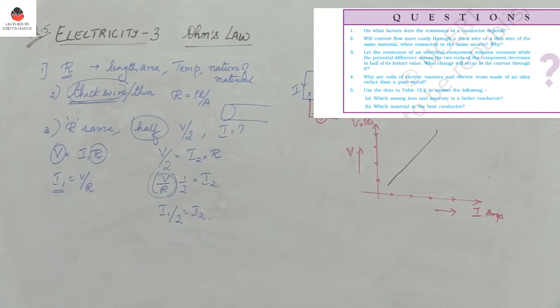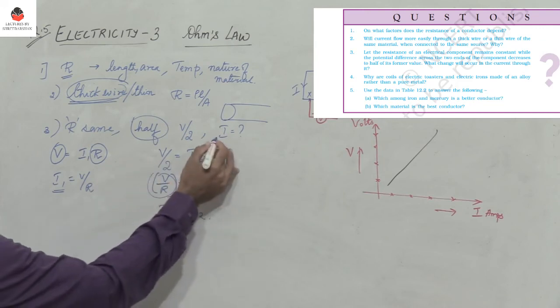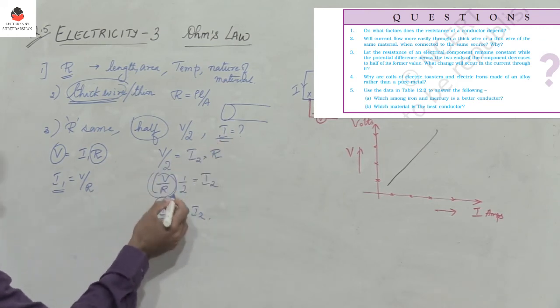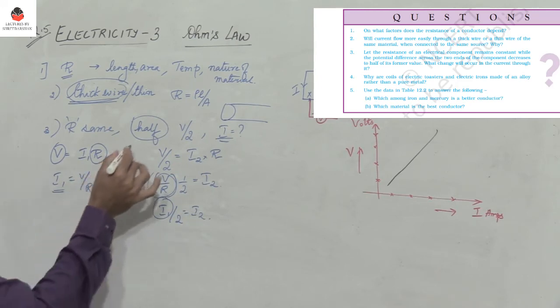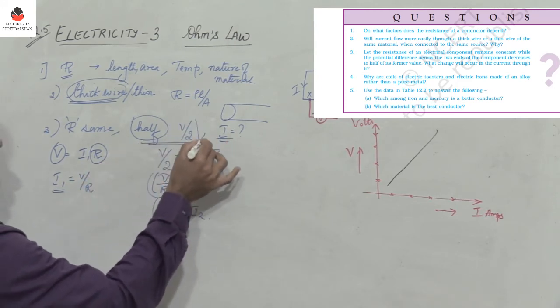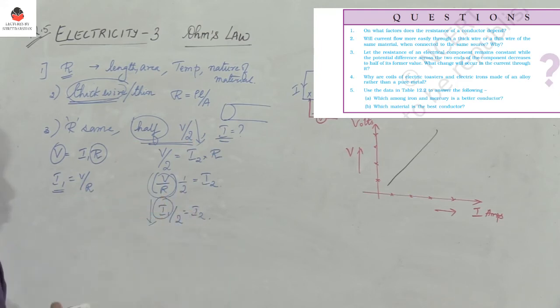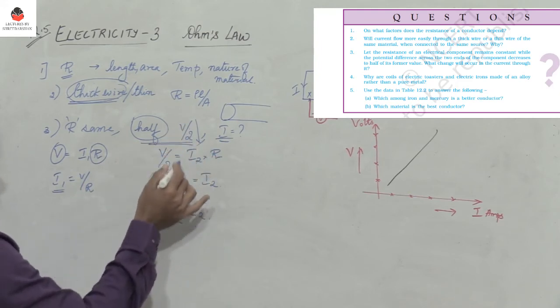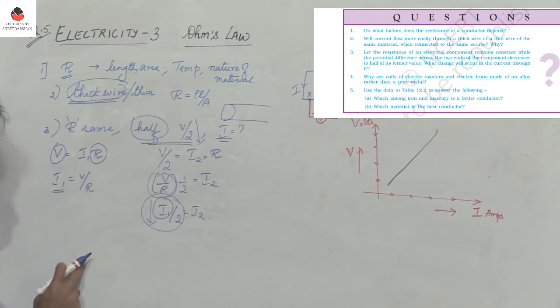The current I2, which is the new current, is nothing but the original current I1 reduced by 2. So the answer is, when the voltage is halved, the current also reduces by 2. If the voltage is reduced by 2, then the current also is reduced by 2. That is what we have shown.